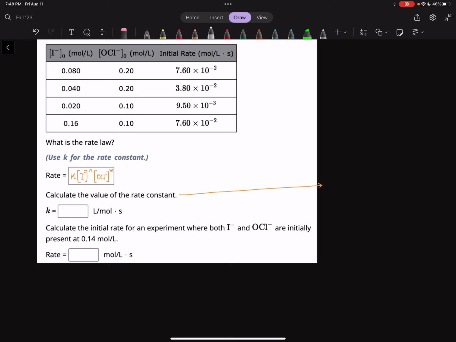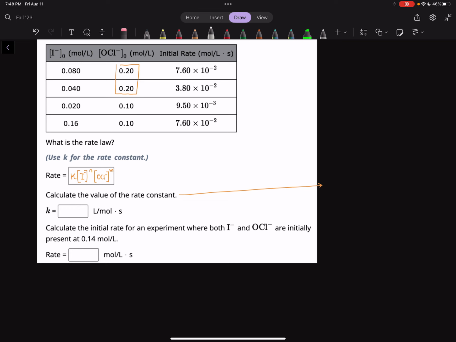So for example, we can say, okay, well, I'm thinking that here doesn't change, so we can use these two. But then is there a place where I doesn't change? I don't see it anywhere. I see another place where OCl doesn't change. Perhaps that's going to be enough.